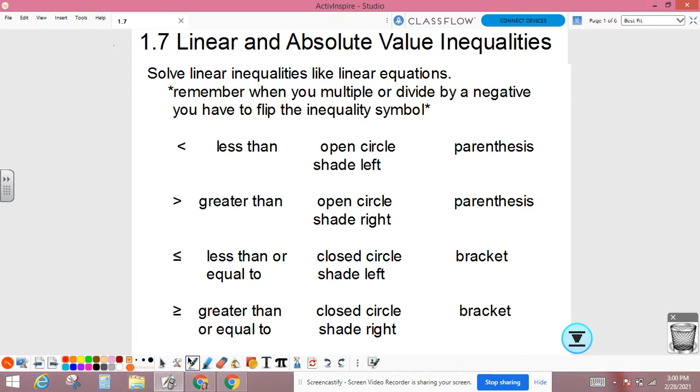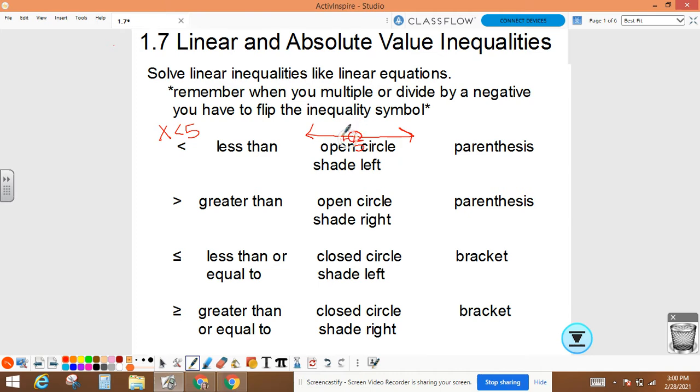So just for an example, if I have something like x is less than 5. That's the less than symbol. This next column is telling you what it should look like on a number line. On a number line at the number 5, because it's a less than without the equal to, I would have an open circle.